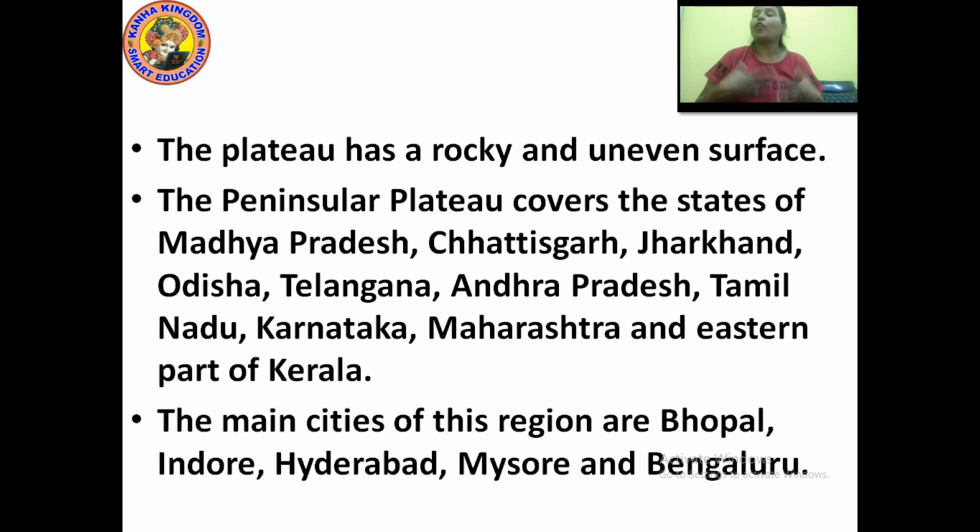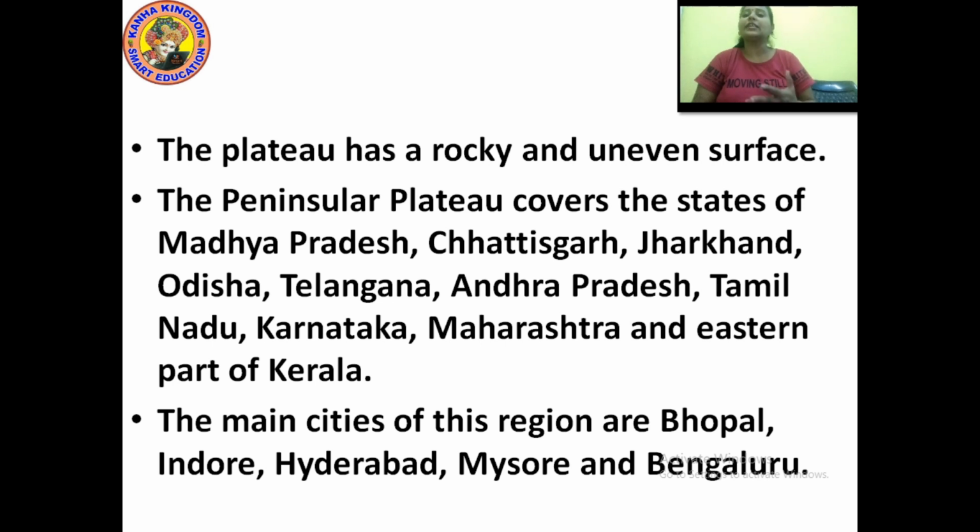So these are the main cities of the peninsular plateau region. And what is actually a plateau? A plateau is an area which has a rocky and uneven surface. So if the question comes to you, what is a plateau? You are going to write the answer: a plateau has a rocky and uneven surface.